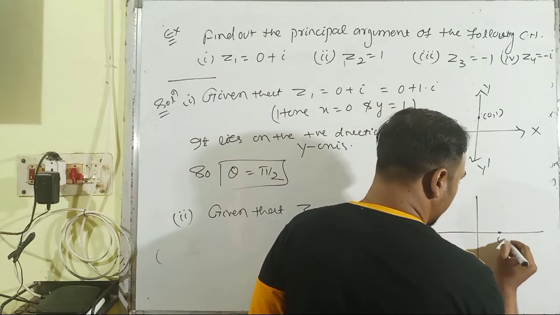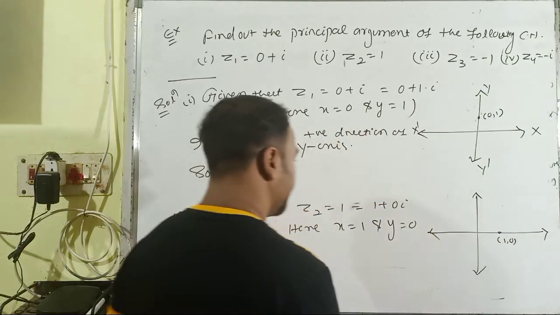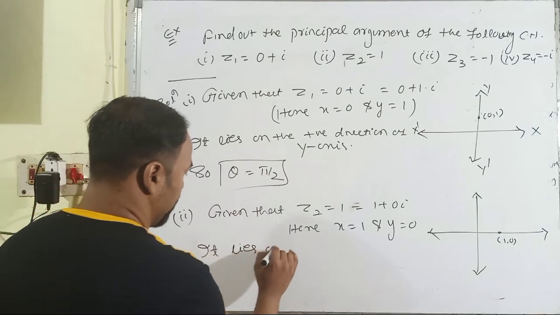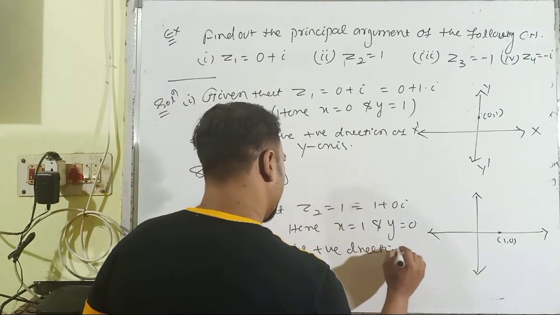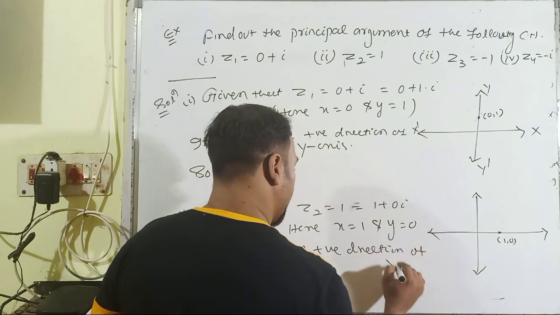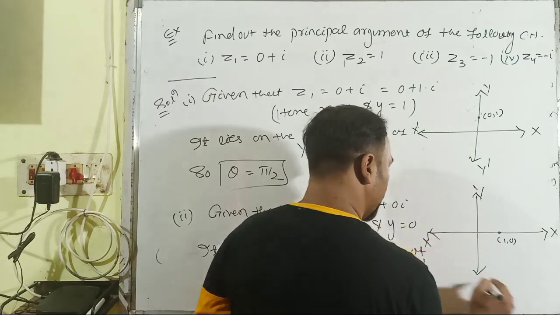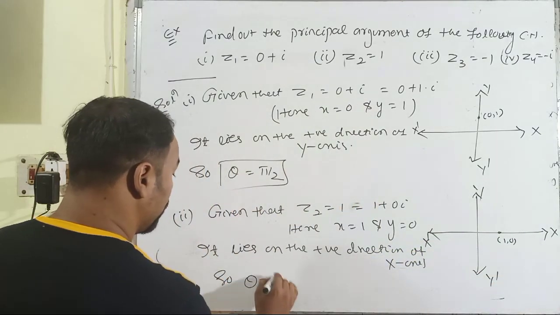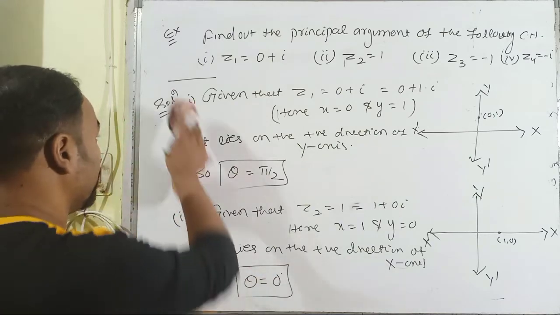That means it lies on the positive direction of the x-axis. So theta is equal to 0 degrees as per the rule. We have already discussed it a little while ago.